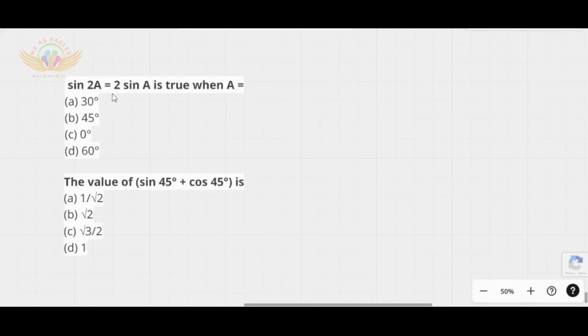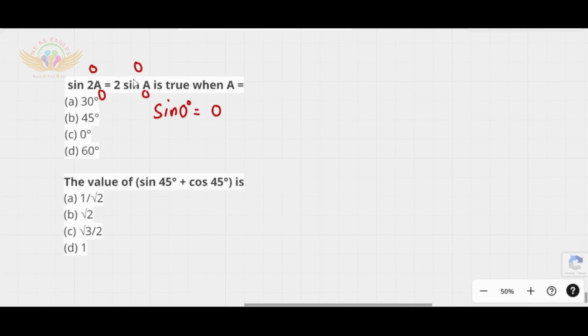Sine 2a is equal to 2 sine a is true when a is what? Direct question. Don't worry. There is only one value among the trigonometric angles of sine for which this holds, that is sine 0 is 0. Only if you put 0, this becomes 0 and that also becomes 0, then both LHS and RHS will be equal.